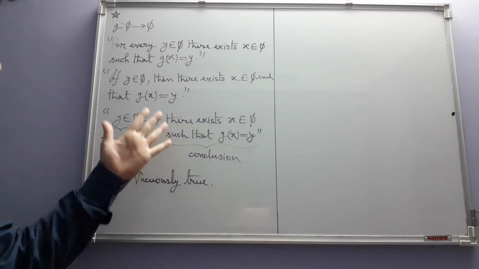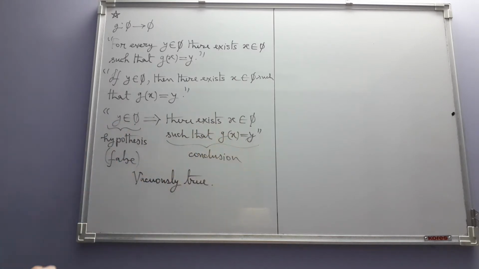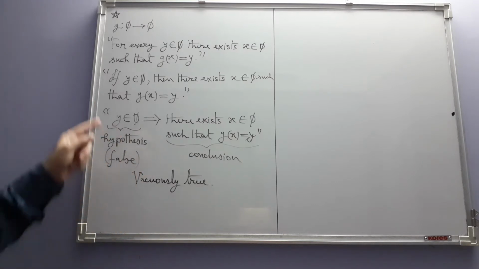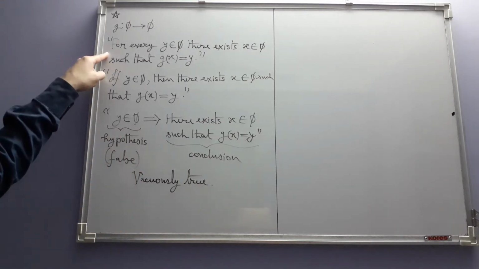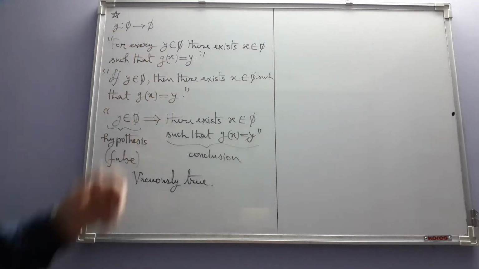That's why we cannot find a situation where the conclusion does not hold. So in that sense, this is vacuously true. Nonetheless, this is true. So that means this statement is true. And that precisely tells us that this empty function is surjective.